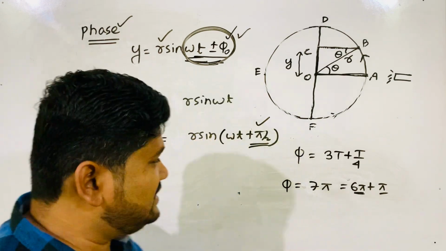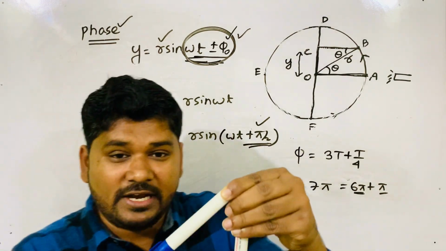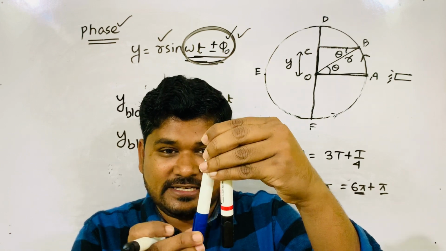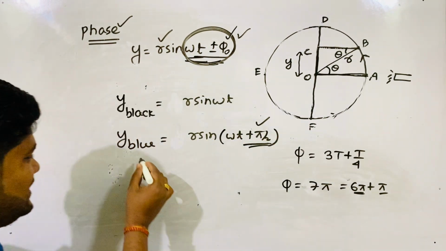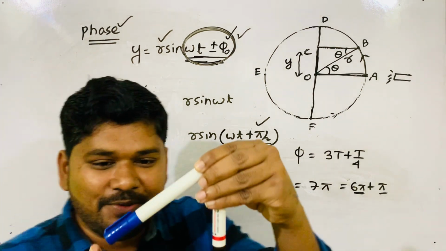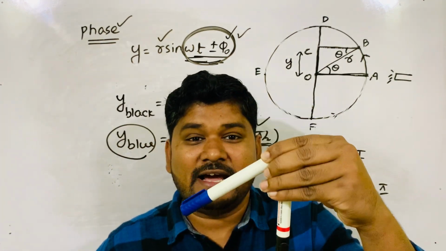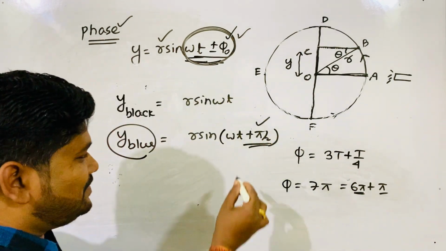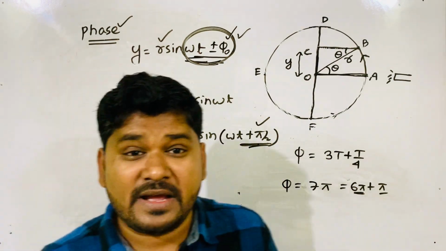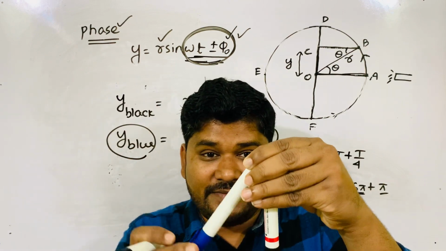Another word you should hear here: when it is plus pi by 2, it means it already started the motion first. We say that the blue marker leads the black marker by a phase difference of pi by 2. Blue marker leads means plus pi by 2.